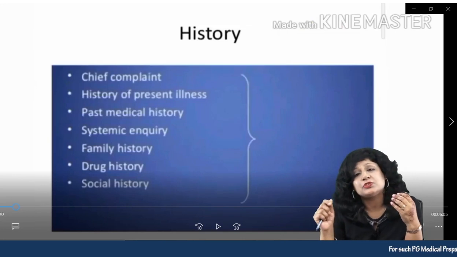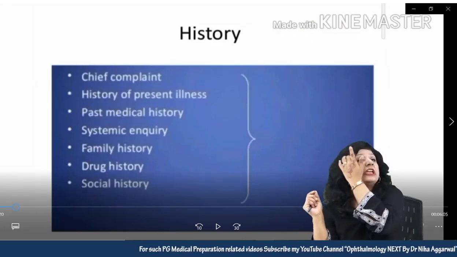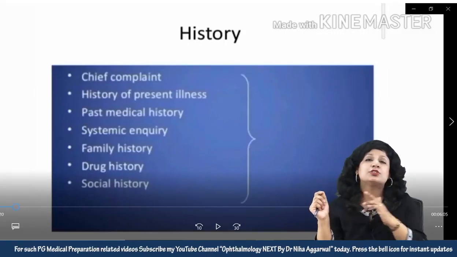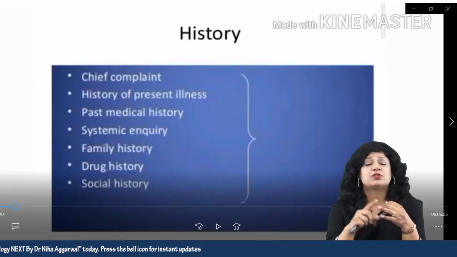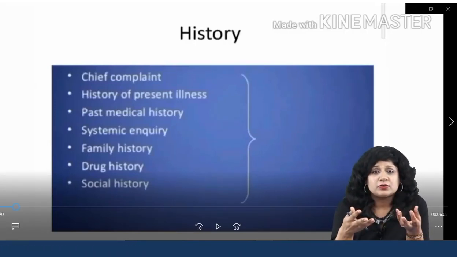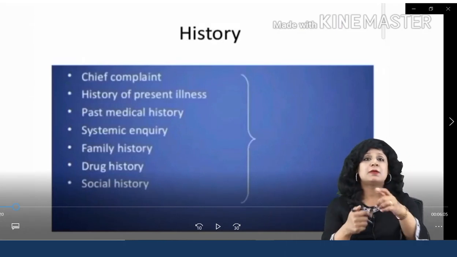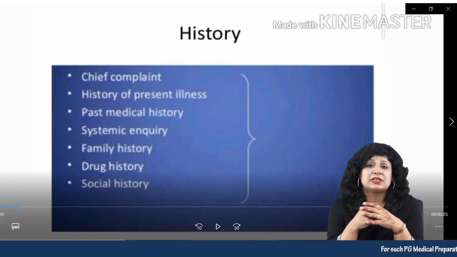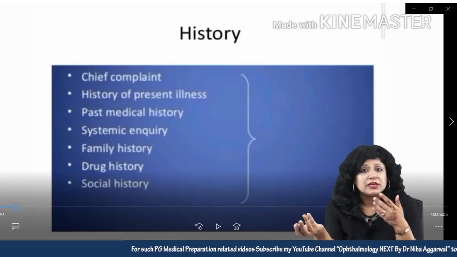Then you have to mention every single drug the patient has ever taken or is on, because the patient may be on antihypertensives, antidiabetics or thyroid drugs. When you are going to operate on the patient, you have to see which drugs have to be given on the day of surgery, because maybe the patient has missed the antihypertensive and the BP has shot up, and you will have to cancel or postpone the case that day.